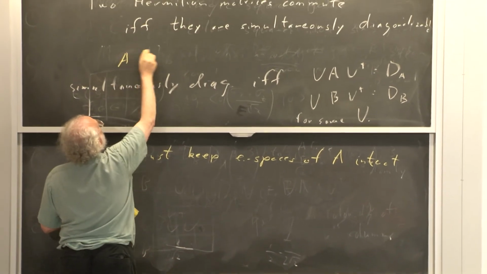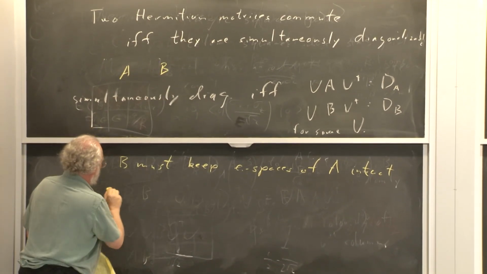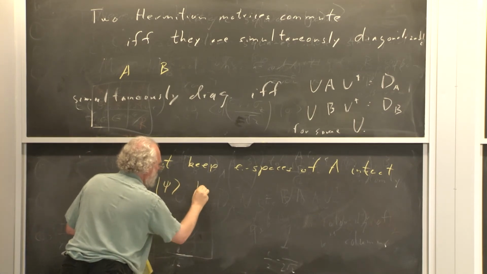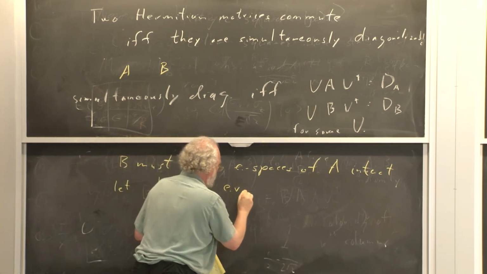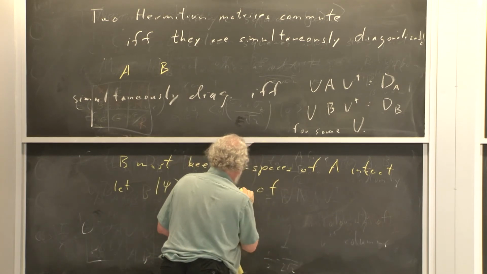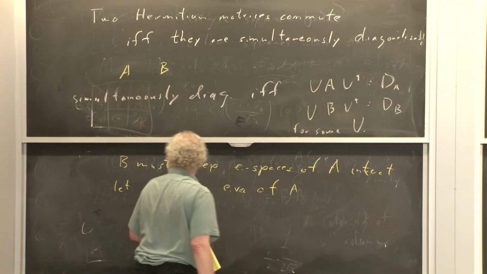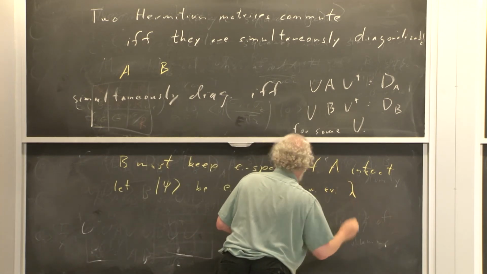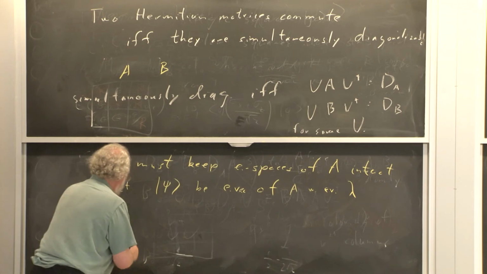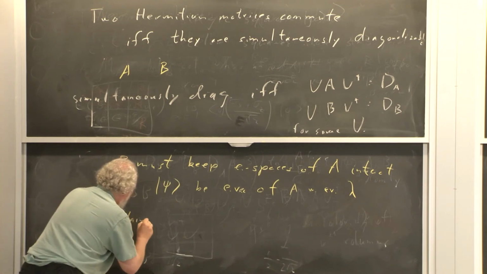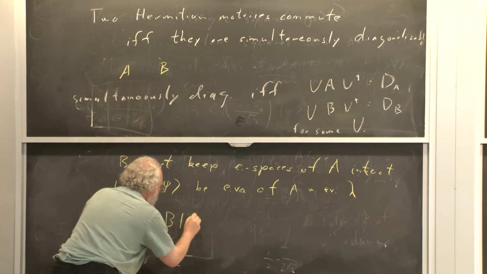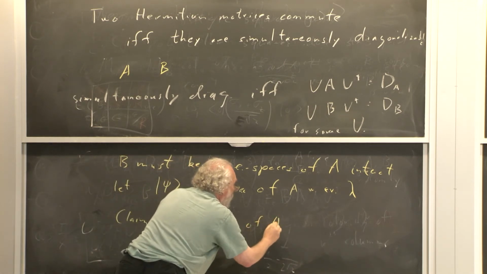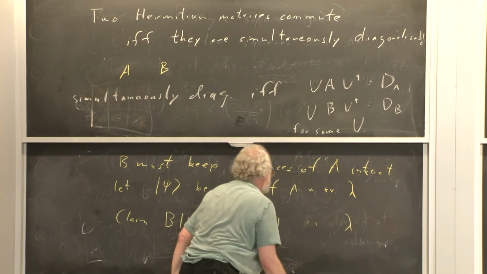This should be A and B. Let psi be an eigenvector of A with eigenvalue lambda. Claim: B psi is also an eigenvector of A with eigenvalue lambda.